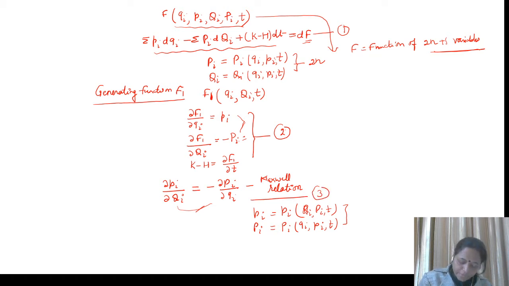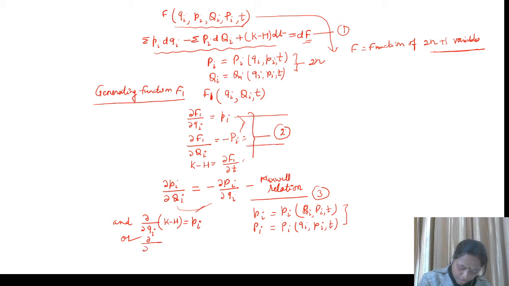One more relation is here which should be satisfied if your transformation equations are involving time. Then it is delta by delta qi of (K minus H). Actually, I have differentiated it with respect to qi, and then I'll replace it by pi using this equation. So this is an additional condition, or you may find this condition from this also by differentiating with respect to capital Qi.